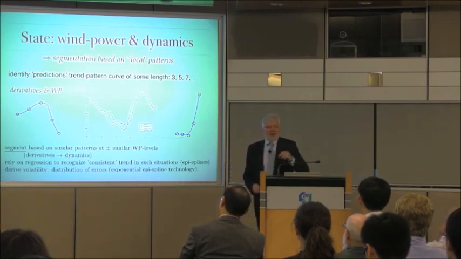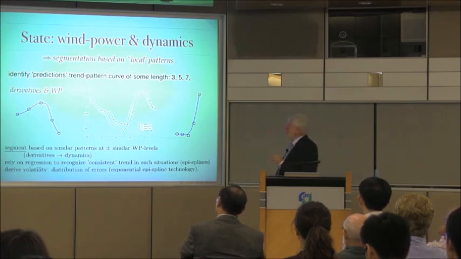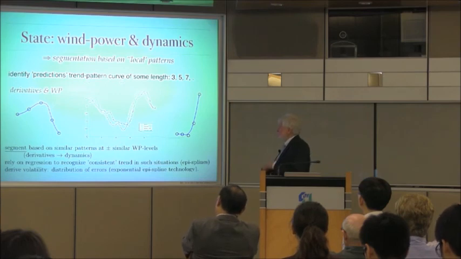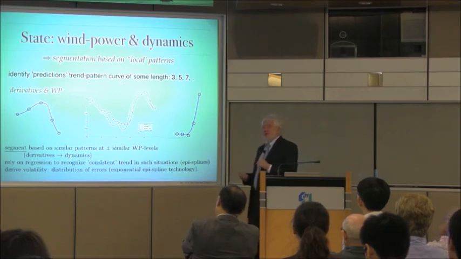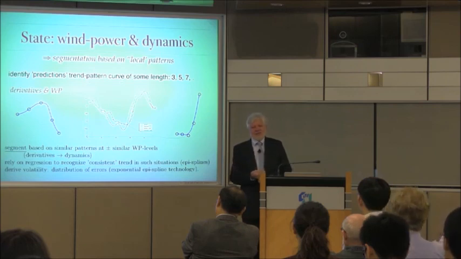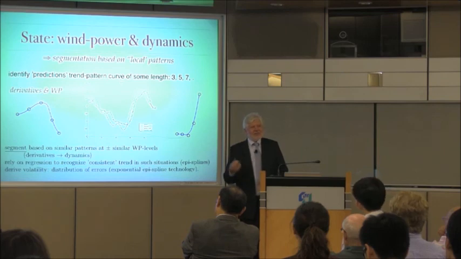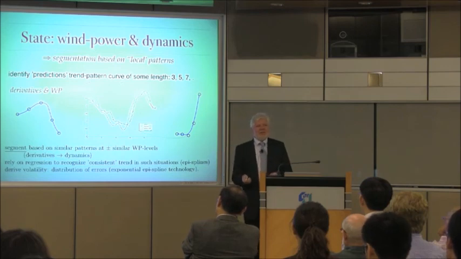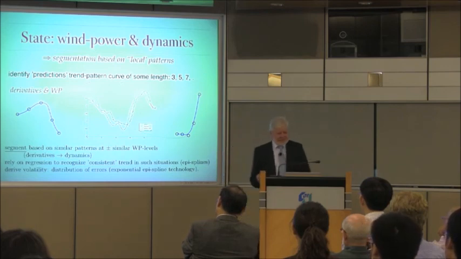So for each one of these patterns, there will be a different type of dynamics that takes place, and we want to take that into account. And when we do, we get incredibly good predictions. So rather than estimating just in a natural way, which you learn in a statistics course, we actually use the soft information which comes from the dynamics of wind.